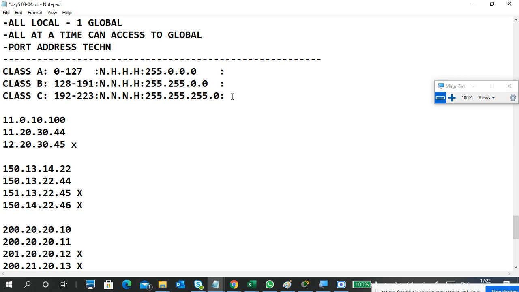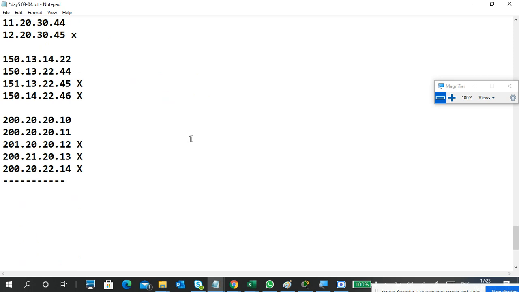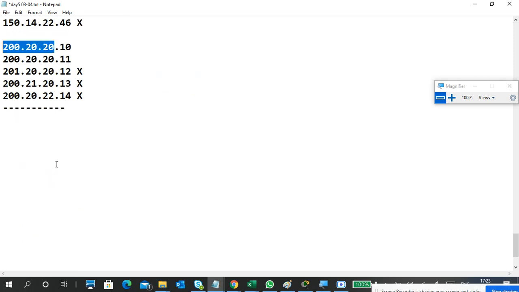For example, if you go to class C, what is the host portion? Host portion means the number of PCs or devices we can connect. That is called host. See here, this is a constant throughout the network.